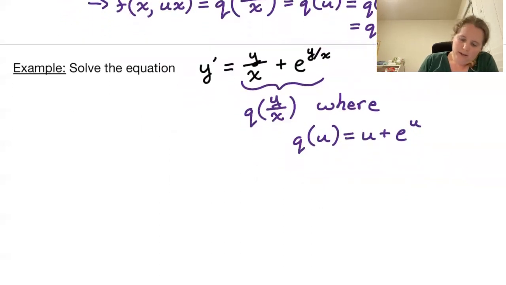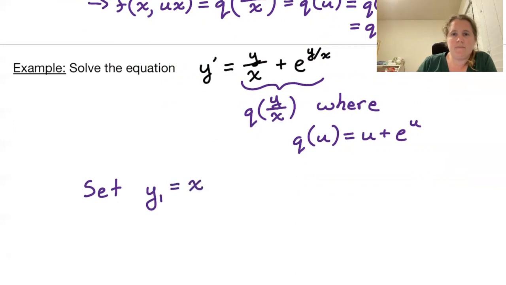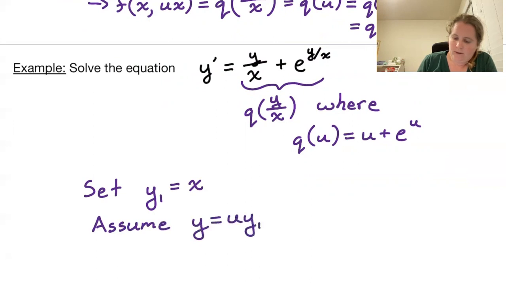So now let's go ahead and set y1 to be x. And we assume that y equals u times y1, otherwise known as u times x, is a solution.